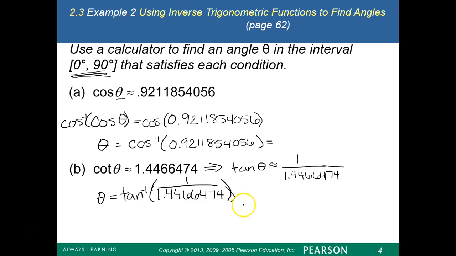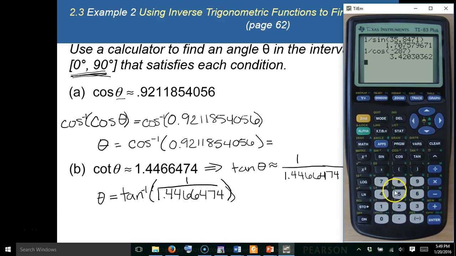Okay, so now let's bring up our calculator and figure out the solution. So do the cosine inverse. Theta is going to be equal to cosine inverse, it's in yellow here on my calculator. So you just hit second cosine, and there's cosine inverse.